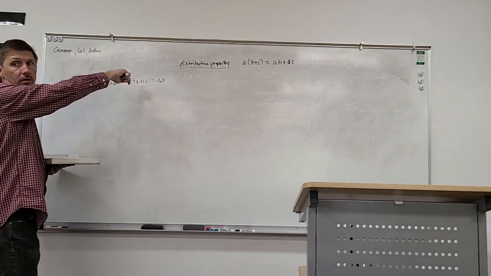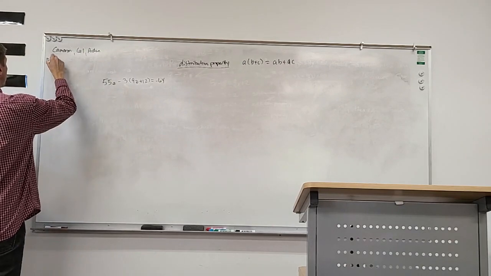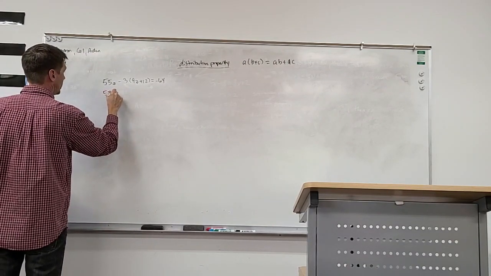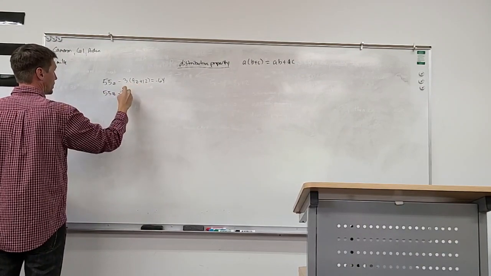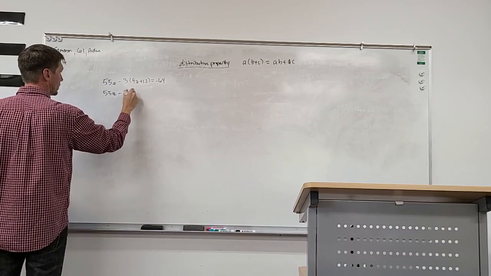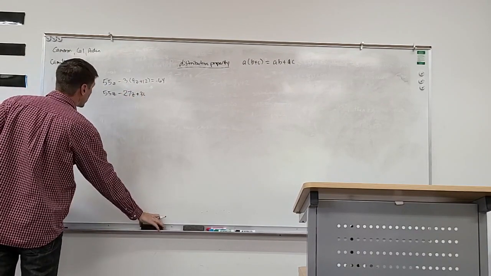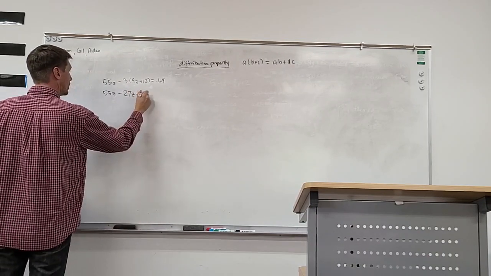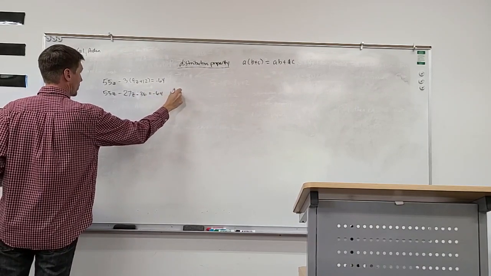Distribute it, right? Who said that? I think Camille got that one in. So 55Z minus, we're just distributing this 3 through everything in parentheses here. So 27Z plus 36. Nope, minus 36 equals negative 64. So that was the distributive property.